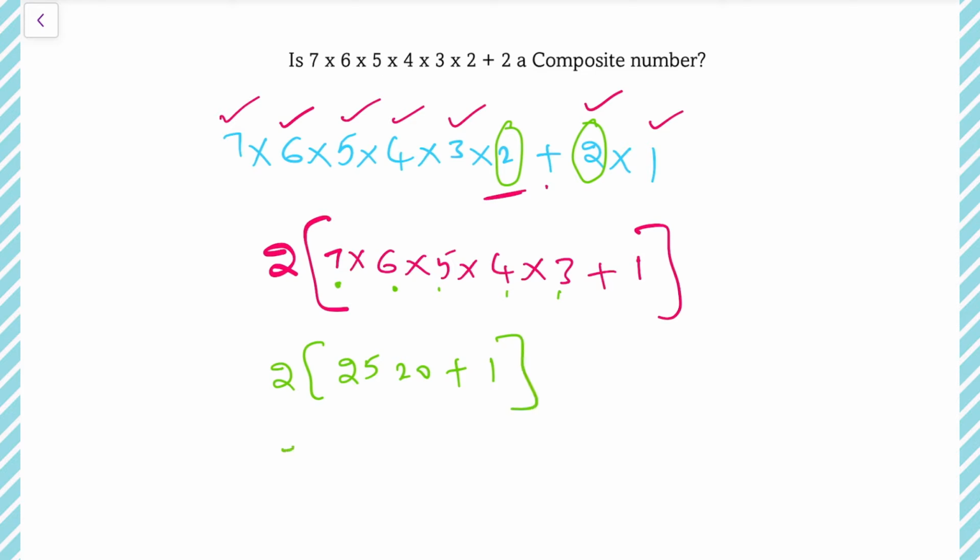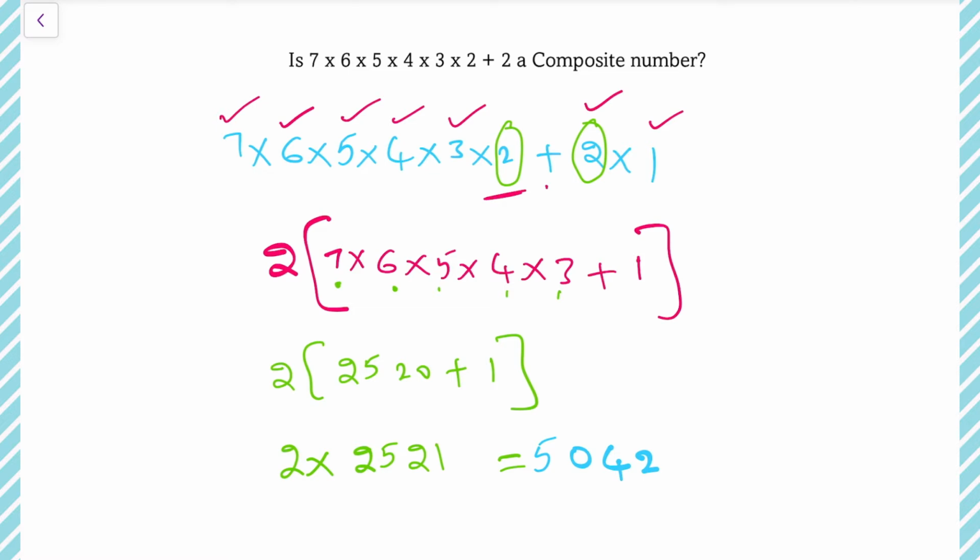So here 2 into 2520 plus 1, 2521, which is equals to 2 into 2521. 2 1s are 2, 2 2s are 4, 2 5s are 10, 0 1 carry, 2 2s are 4 5. So 5042. And after finishing this answer, just write simply that it is a composite number.